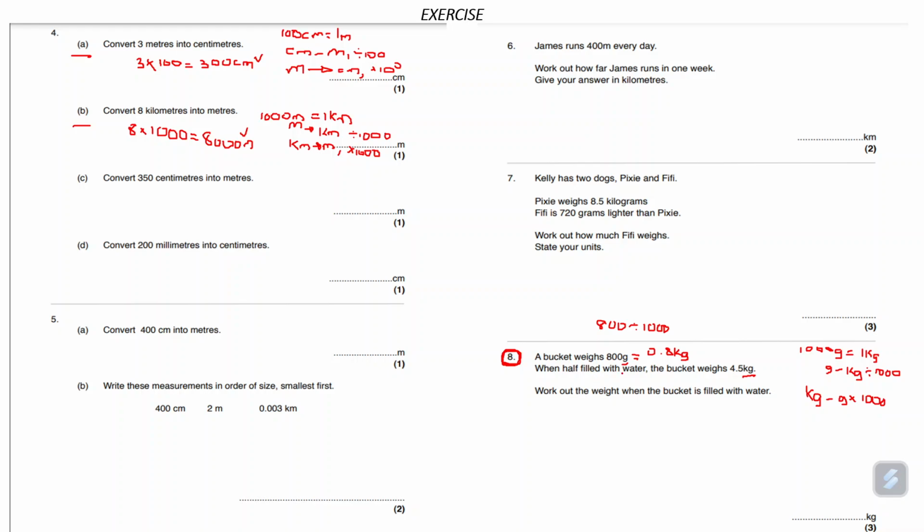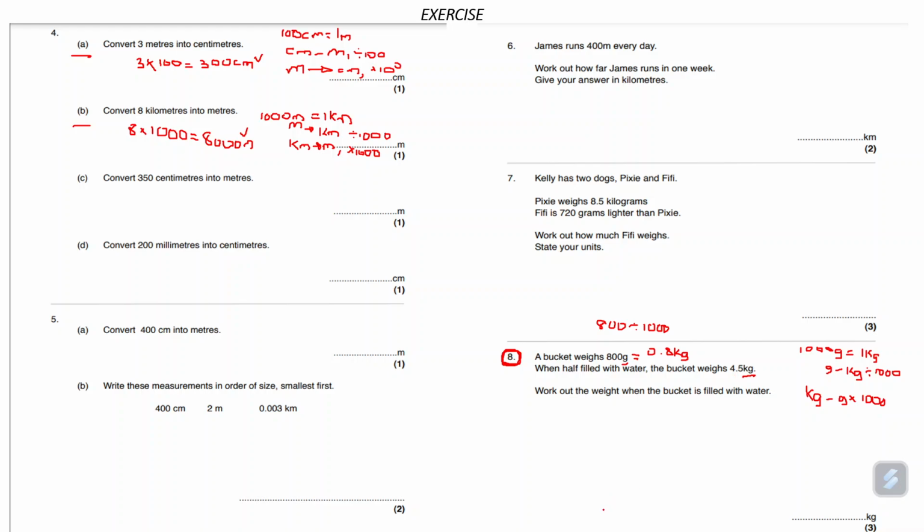So the question says, when half filled with water, the bucket weighs 4.5 kilogram. In other words, remember, the bucket alone weighs 0.8 kilogram. And we are told that when half filled with water, the bucket weighs 4.5 kilogram, meaning the water has added to the weight of the bucket. So what we need to do is sort out the actual weight of the water inside the bucket.